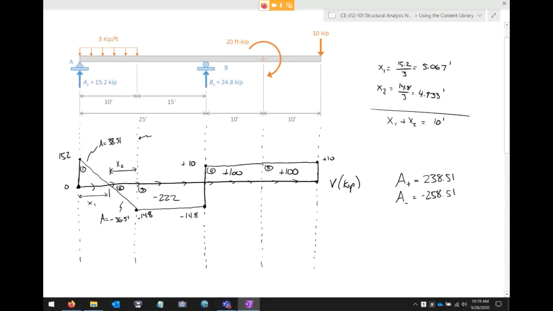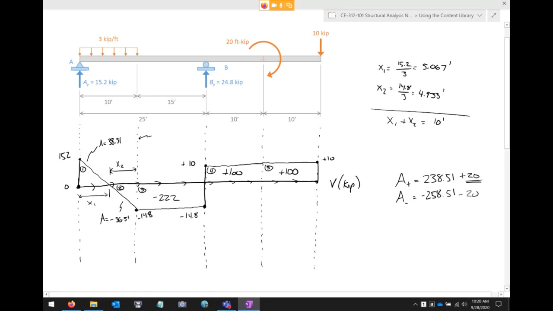The question is whether that 20 moment is a positive bending moment or a negative bending moment. Well, I propose it's a positive bending moment because what I need is some extra positive area so that these balance out.